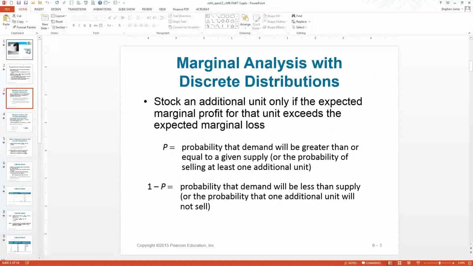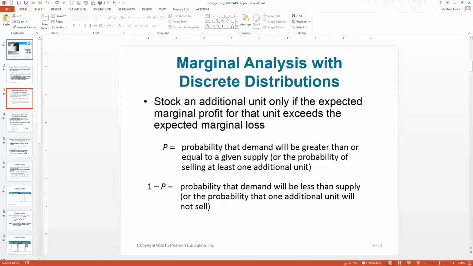So if you're looking at a marginal analysis with a discrete distribution, then you are looking at probabilities here. As opposed to other kinds of distributions, we're going to look at a discrete distribution. That is one widget or one banana, as opposed to fluid measures or gaseous measures or anything like that, where it's much more minute on the distribution.